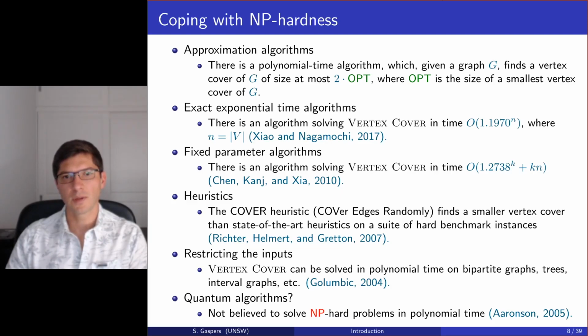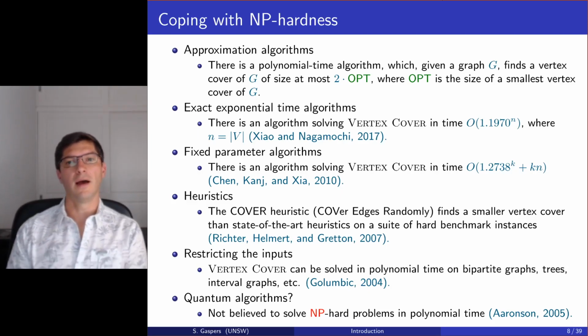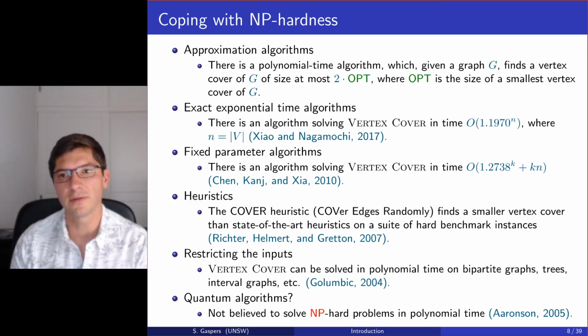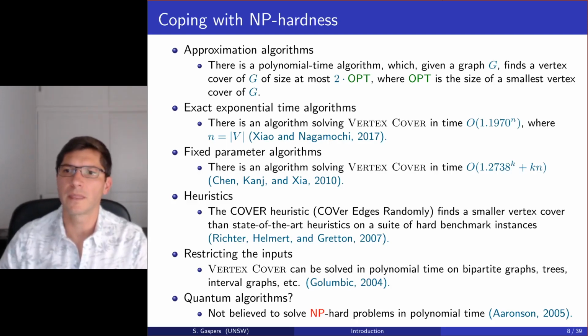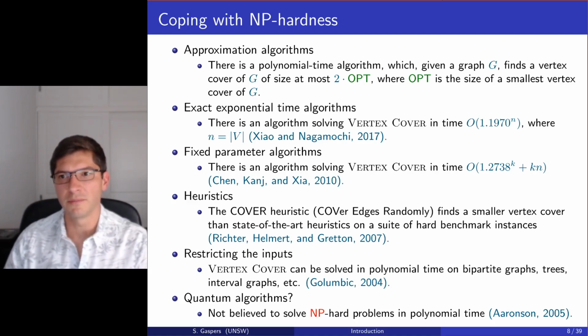We could try and find an exact algorithm, in contrast to the approximation algorithm, that actually finds a placement or a selection of k vertices that together cover all the edges of the graph, if it's possible. But we already discussed that nobody knows how to do this in polynomial time.